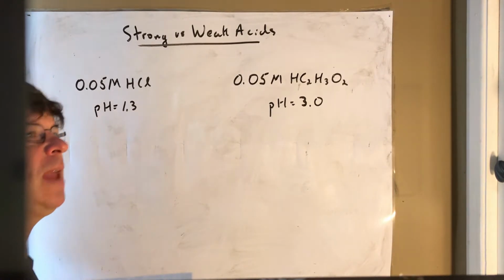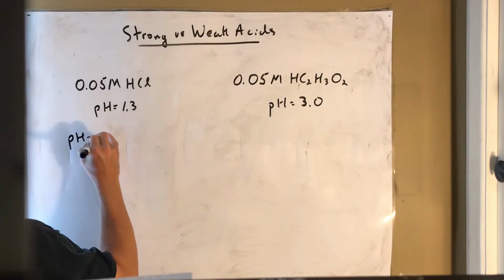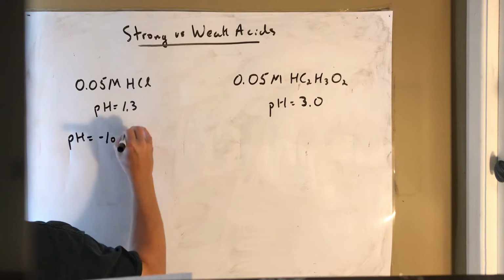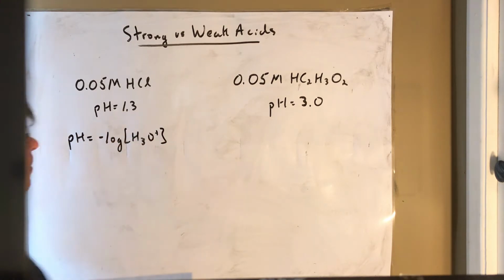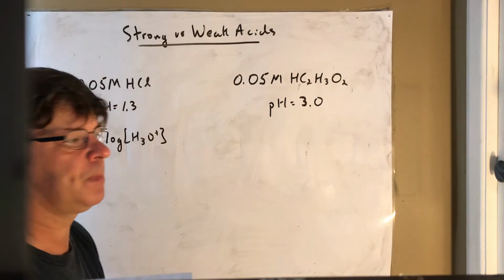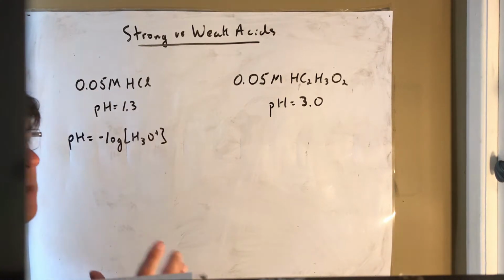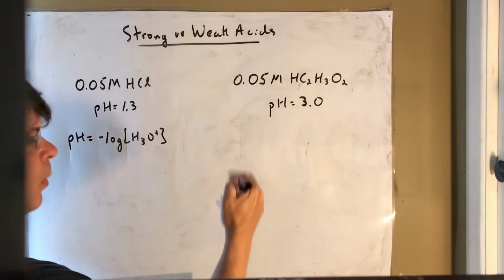So we know pH is equal to negative log concentration of hydronium ions. We know that. But that's the concentration of hydronium, not of HCl. So let's use the Brønsted-Lowry model and see how this will react with water.